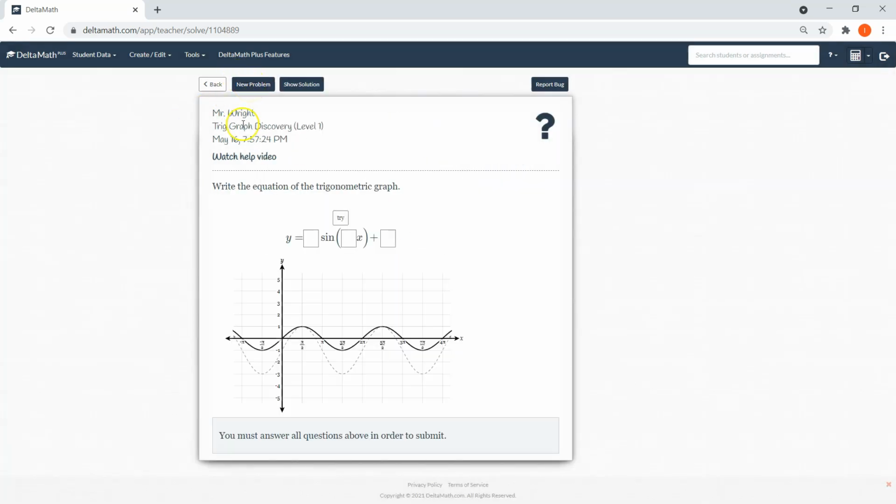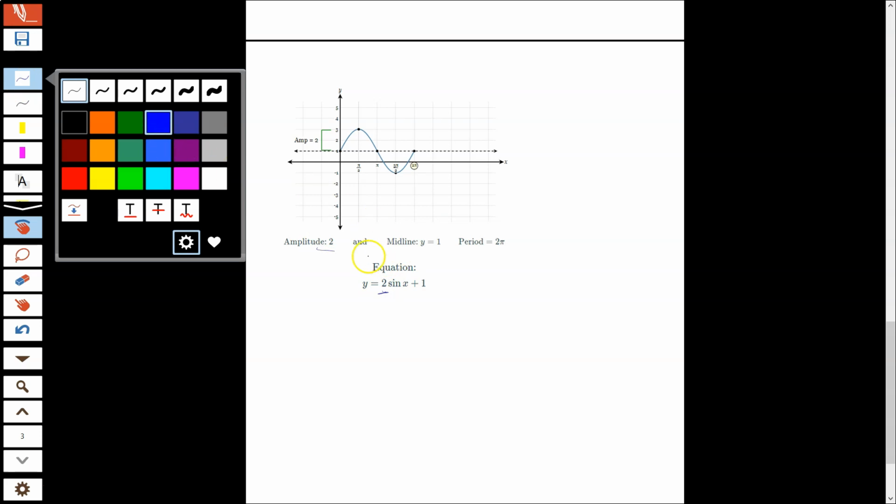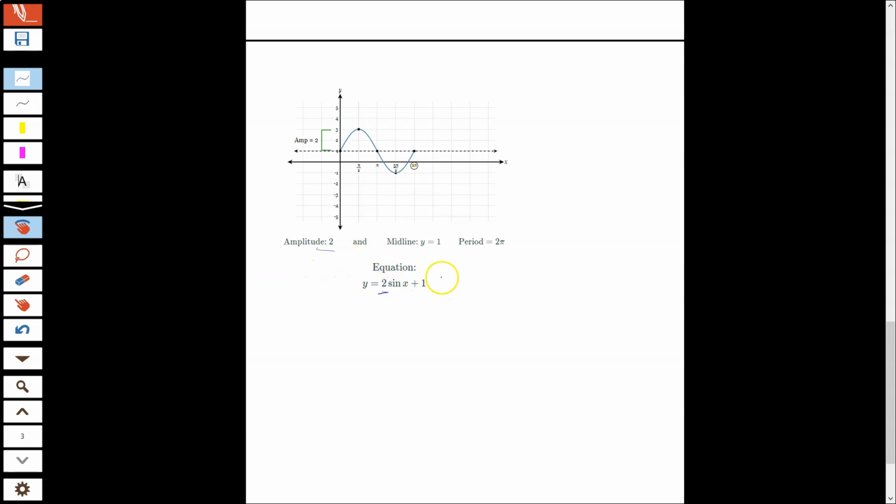What you will see is that for any of these functions, sine or cosine, amplitude is related to this first parameter, which makes sense. If we multiply the whole function by something, it gets bigger or smaller, right? Midline is related to that y-intercept term, or what we expect the y-intercept to be.